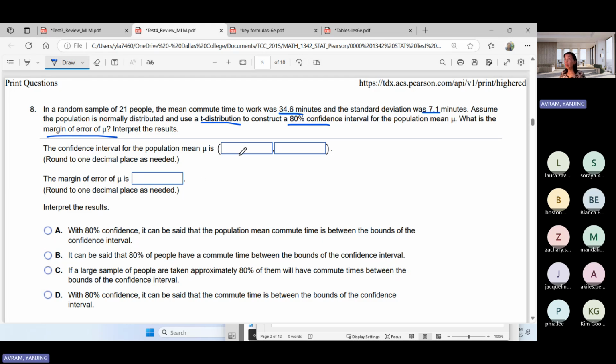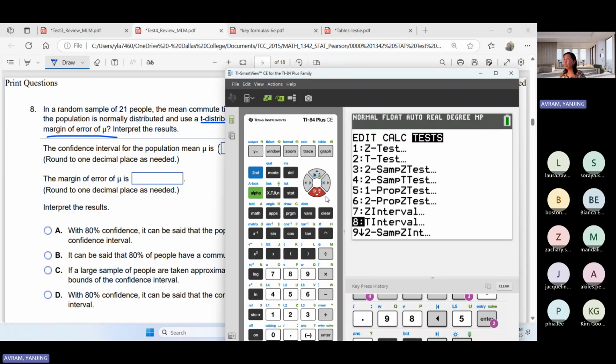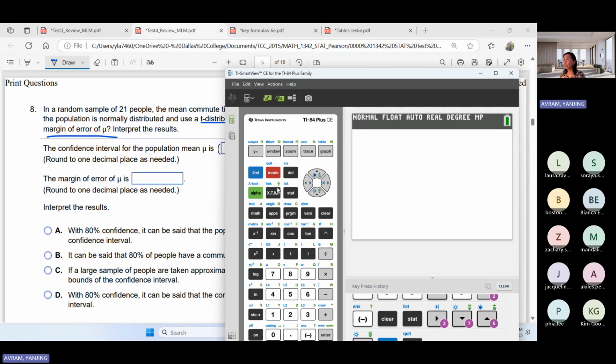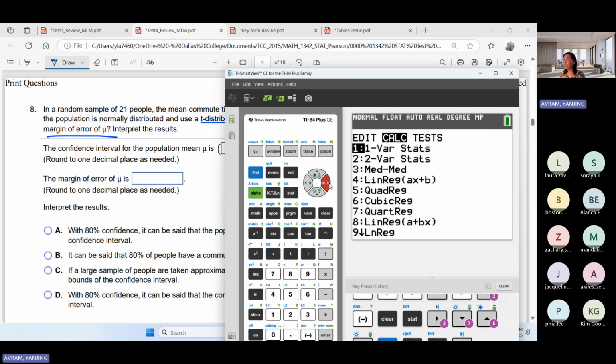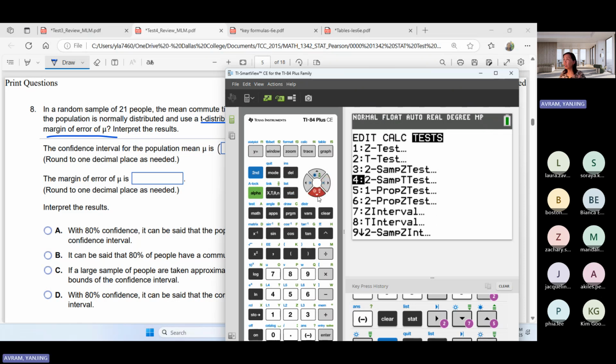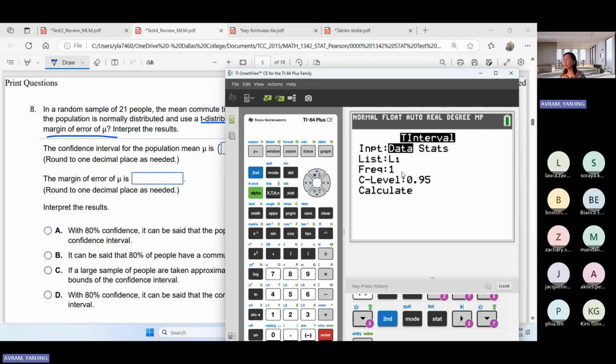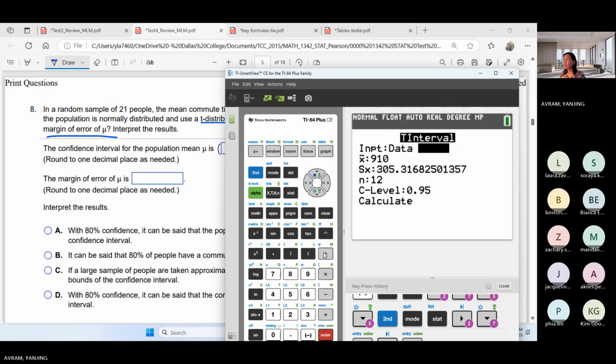Confidence interval. As I mentioned earlier, since you want to use the t distribution, I can go to the t interval. Where do you find this one? Go to stat, test, and then you find the t interval. Then we hit enter. This time we don't have data, so we're going to use stats.